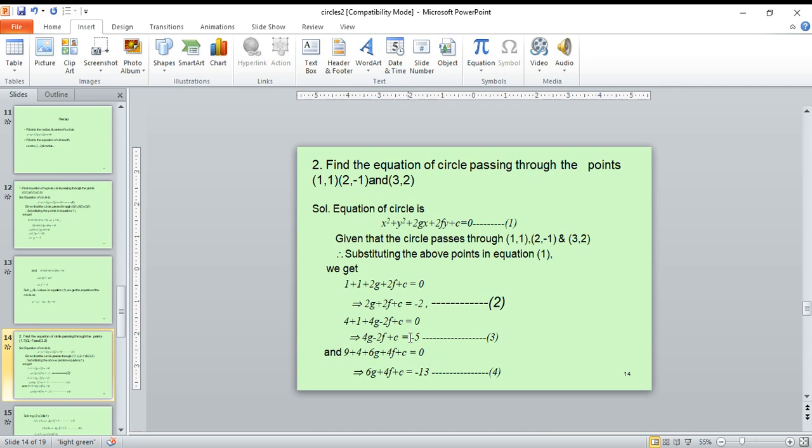Apply 3 comma 2 on equation 1. Here x equal to 3 and y equal to 2: 3 square plus 2 square plus 2g into 3 plus 2f into 2 plus c equal to 0. That gives 6g plus 4f plus c equal to minus 13, taking 9 plus 4 to the right side.